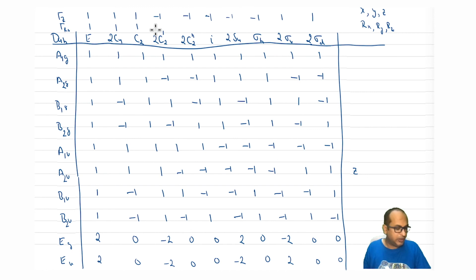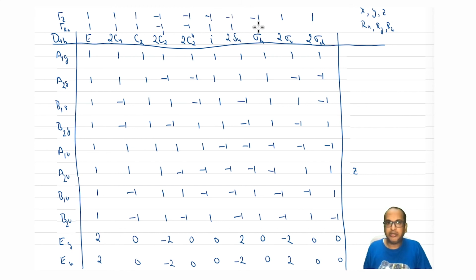So you have -1, -1. For I, it should now be +1. We have seen the thumb rules. For S4, again, it will be +1, because for Z, it takes the opposite character under S.